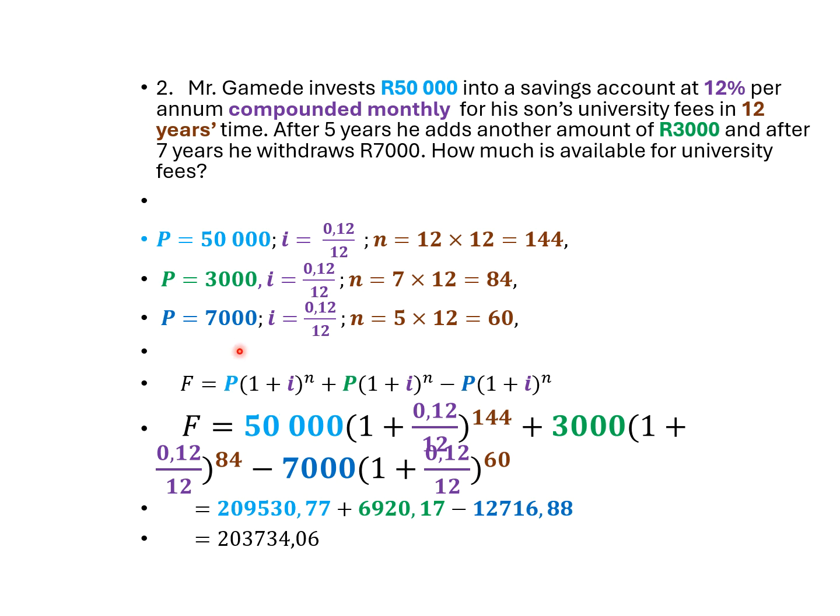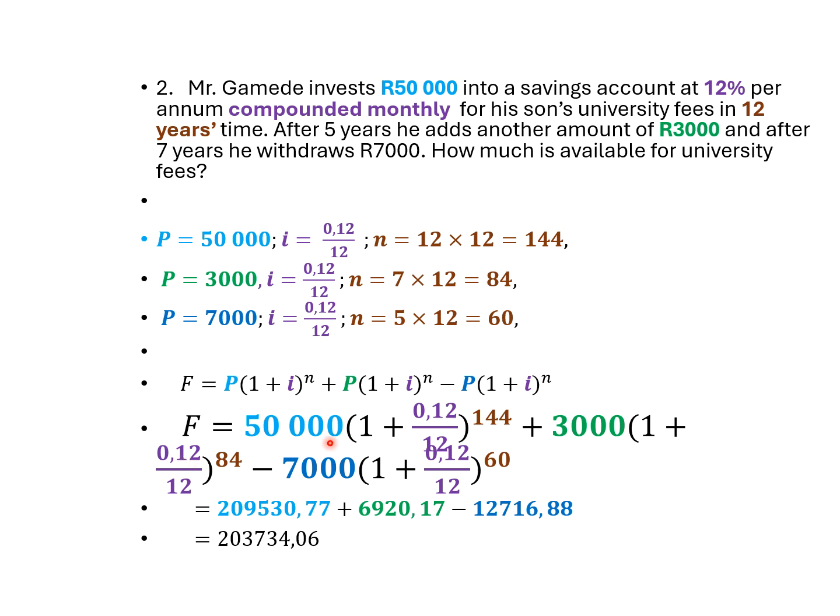Right, so F equal to P(1 plus i) to the power n deposit, plus P(1 plus i) to the power n deposit, but minus, for the withdrawal, P(1 plus i) to the power n.